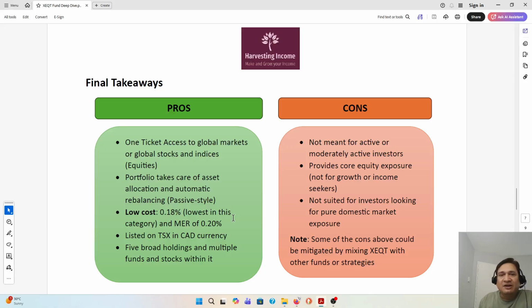So this is a great option for Canadian investors who are looking for a global all-in-one solution in a one-ticket ETF format. You have 5 broad holdings and multiple funds within the same fund. So it's an all-in-one solution that makes your life easier. Those were the positive points, or the pros.